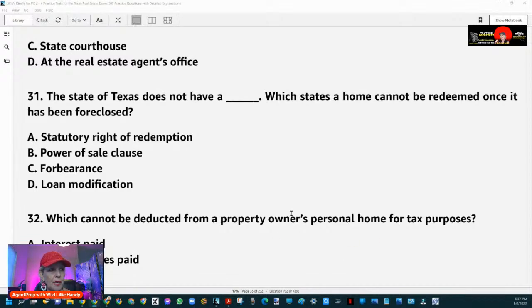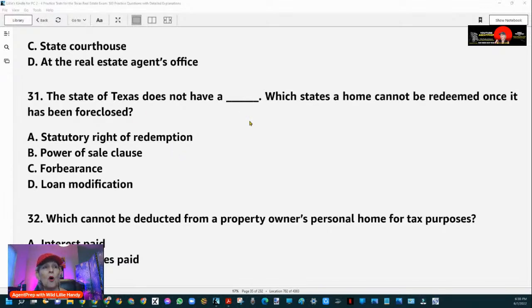So that's a forbearance. However, the balance of their loan is getting greater and greater. So some of those individuals aren't going to be able to make their monthly payments because now their payment's going to be larger. So it is statutory right of redemption.